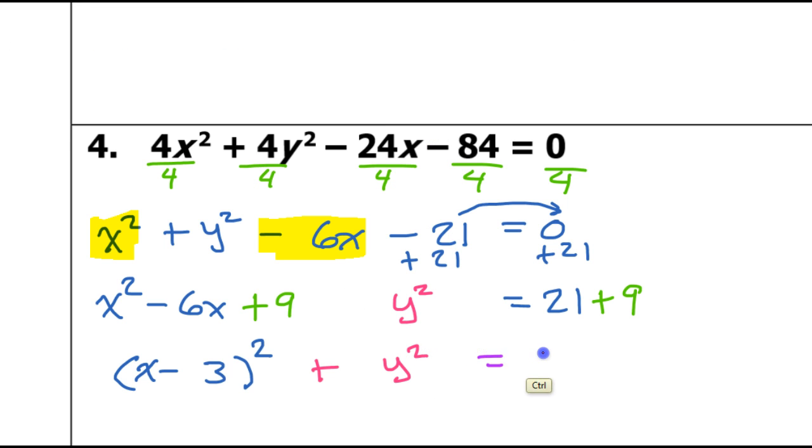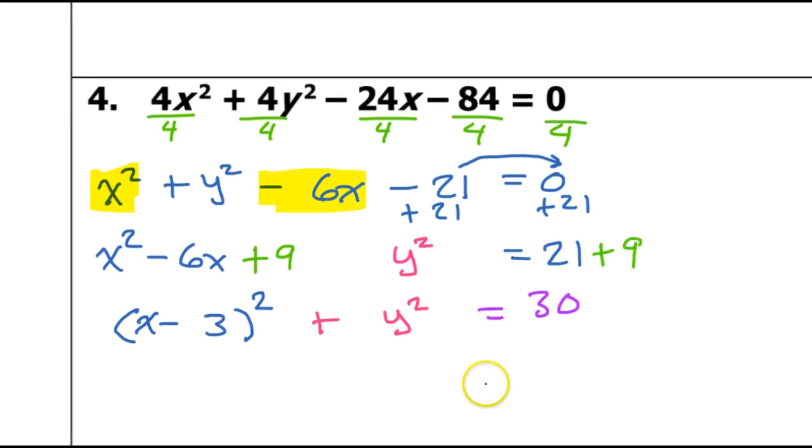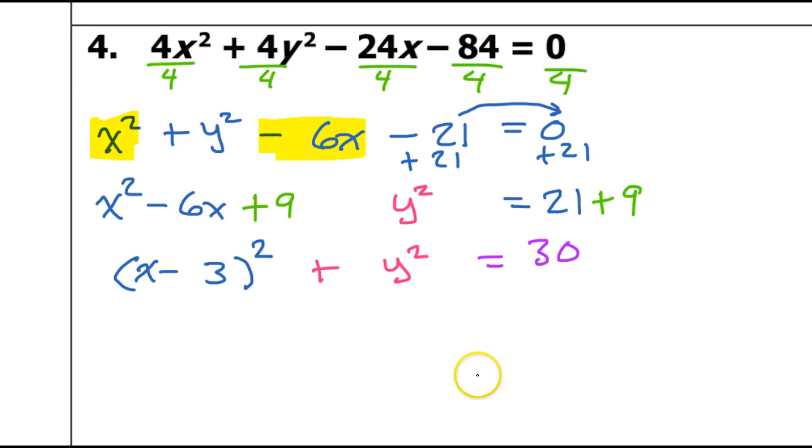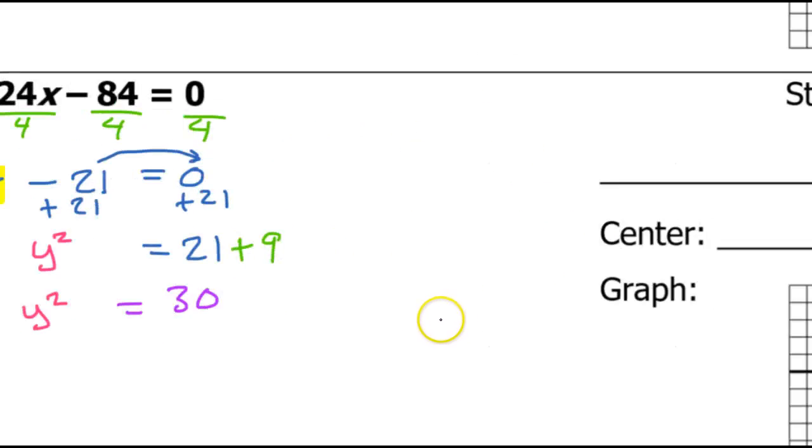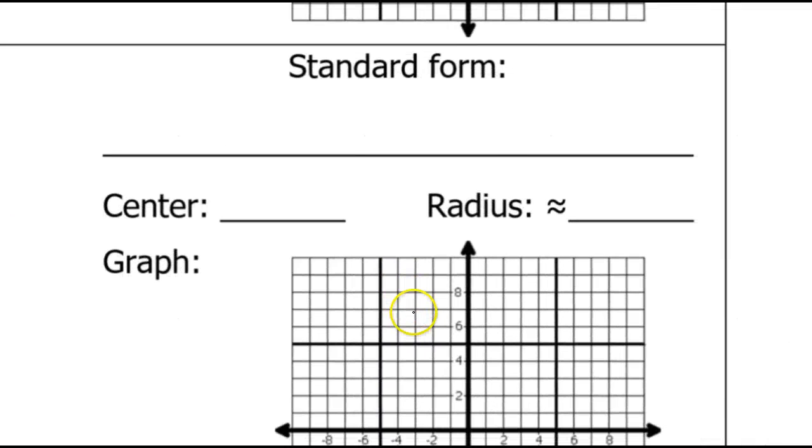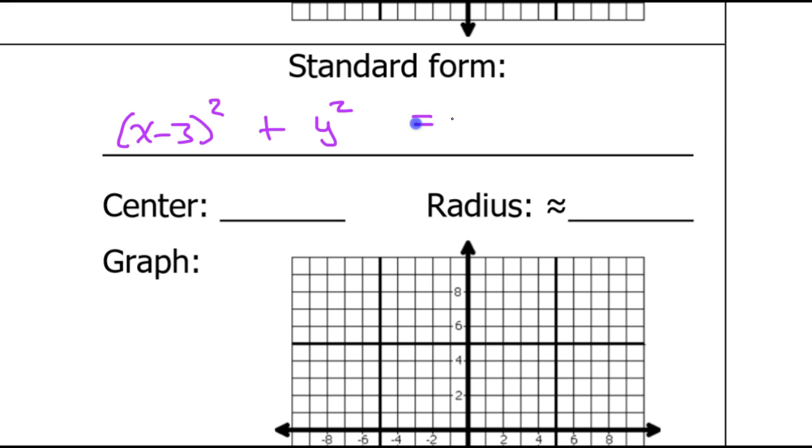Okay, and then I'll have equals 30. Okay, very interesting. And look, that's it. This is standard form, x minus 3 squared plus y squared. So let's go. I have x minus 3 squared plus y squared is equal to 30.